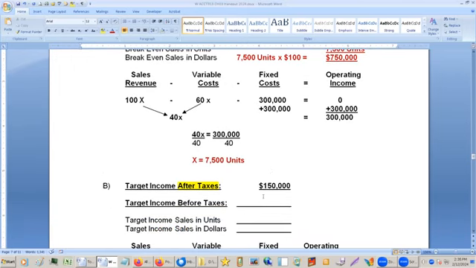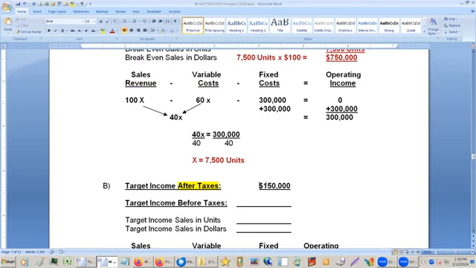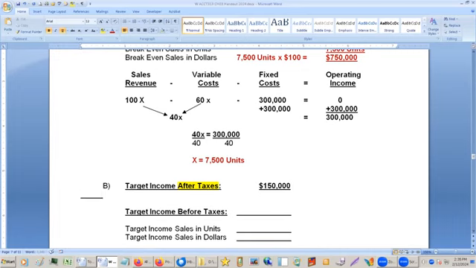Now, this after tax income, we have to get it to the before taxes. And we do it through, I'm going to condense it here.